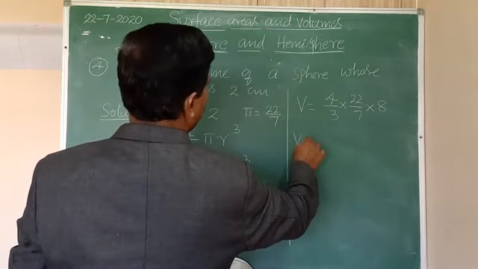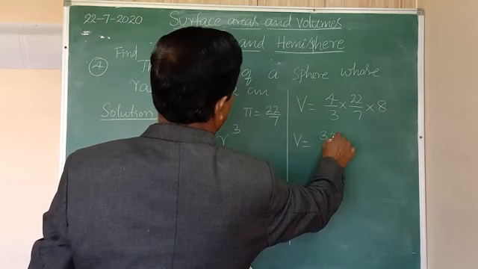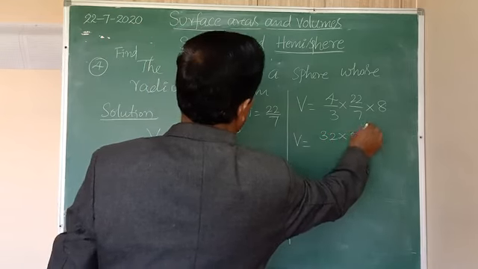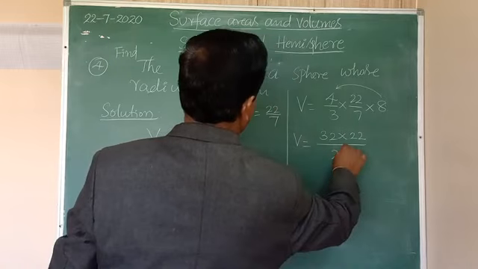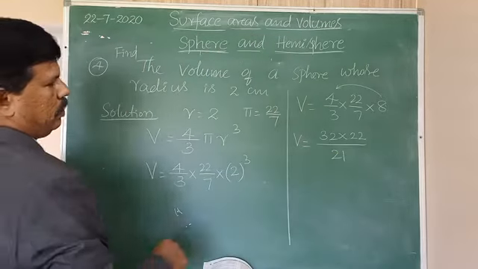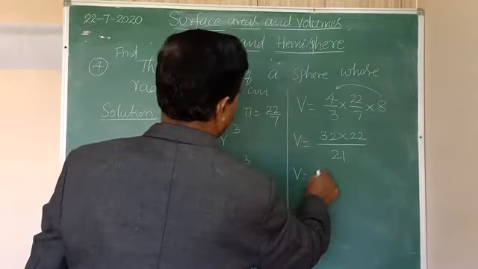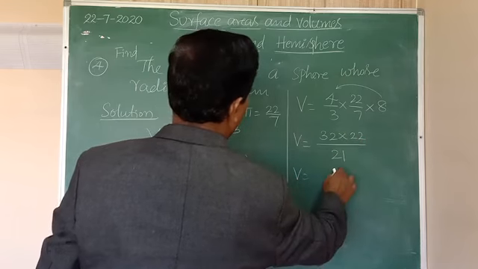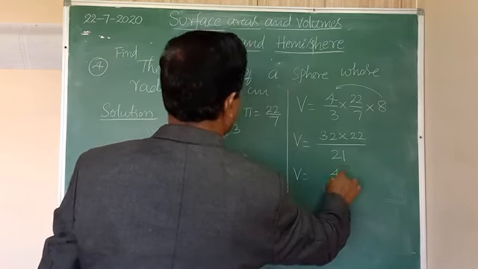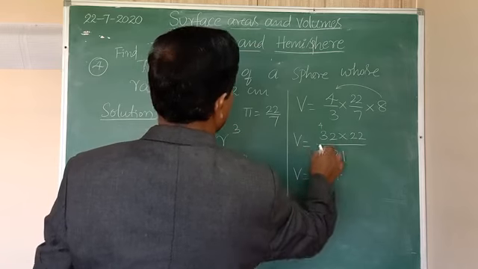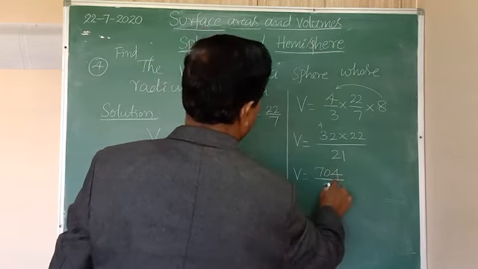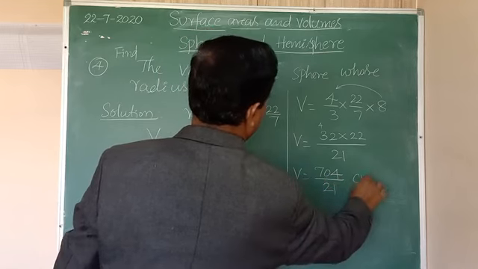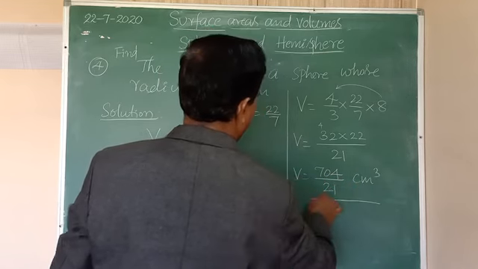Now V is equal to 32 into 22. I multiply this, and 7 3s are 21. So V is equal to 2 2s are 4, 22 2s are 44, 4 carry 66, 704 by 21 cubic centimeter.